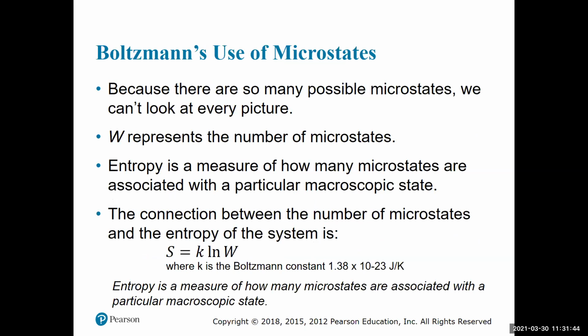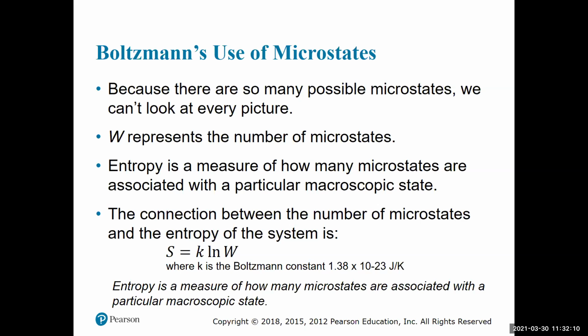So what Boltzmann said is there are a lot of these microstates, and you really can't look at every one of them. So he created a term called W, which represents the number of microstates. What he's saying is that entropy is really a measure of how many of those microstates are associated with a particular macroscopic state.